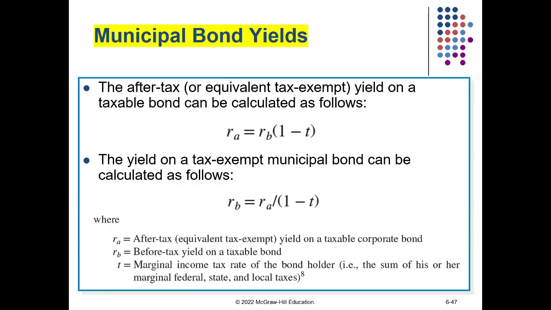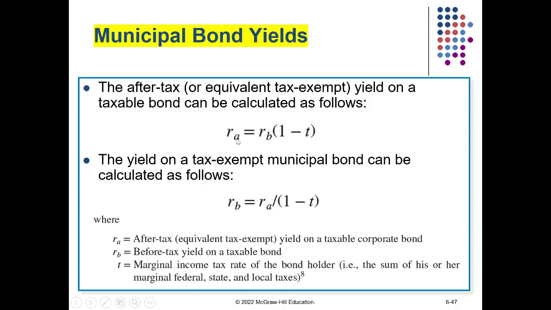Okay, so this part is the last topic of today's class, the before and after tax yield. The after-tax or equivalent tax-exempt yield on the taxable bond can be calculated as follows: after-tax yield equals before-tax yield times 1 minus t. Totally makes sense, right?